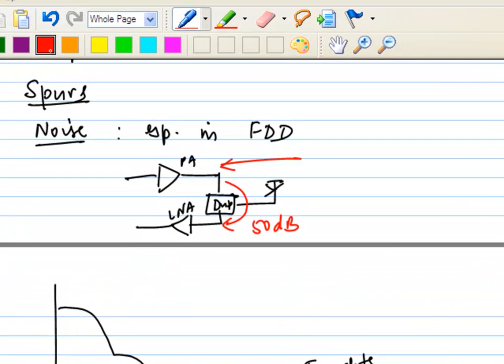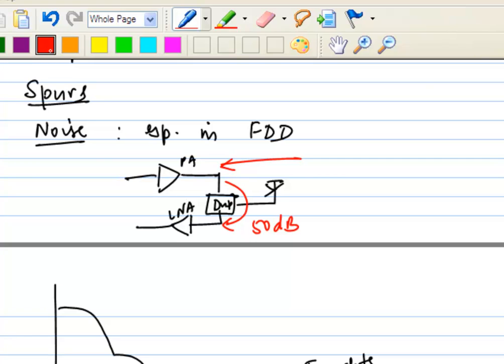The TX noise is usually given in either dBc per hertz or dBm per hertz. Once you know the PA output power, the TX noise in dBc per hertz, and the duplexer rejection, you can calculate the power in dBm per hertz being leaked to the LNA input. Is that clear?